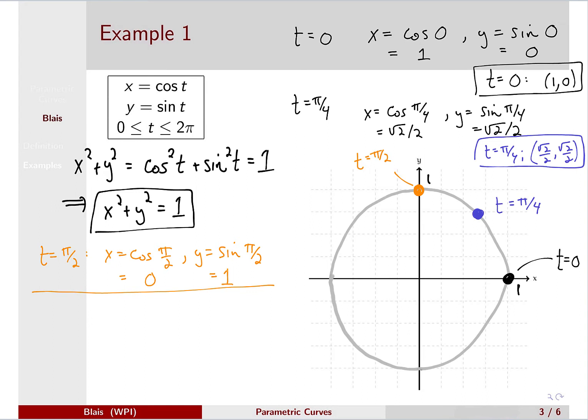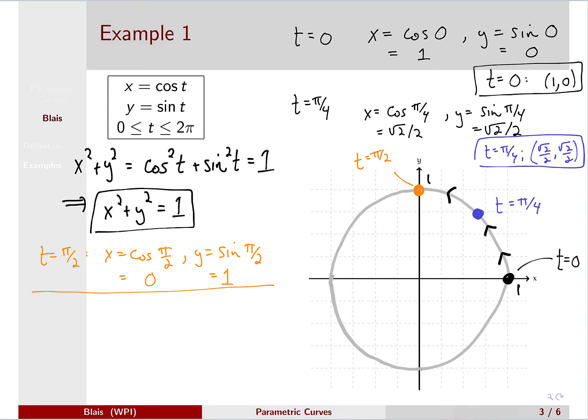And what we notice is that this parametrization has the particle moving counterclockwise along the circle. So we start out at time 0, time pi over 4, time pi over 2. We could probably guess that at time pi we'll be here, and we can check that.